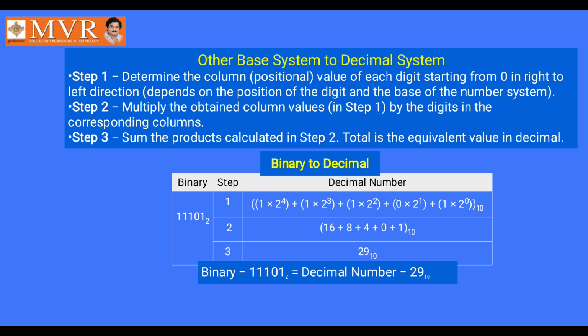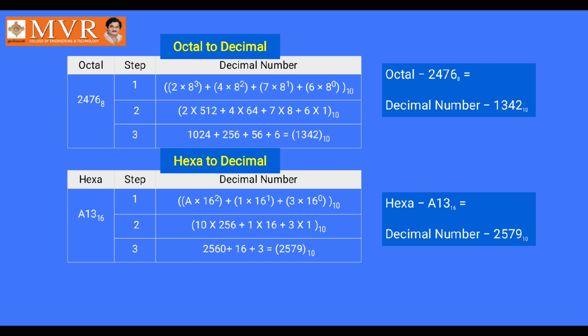Now let us see 2 more examples, octal to decimal and hexa to decimal. Here you take the octal number 2476. I told you, you have to take the positions. 6 is in the 0th position, 7 is in the 1st position, 4 is in the 2nd position, 2 is in the 3rd position. First you have to identify the position values. Now 2 is in position 3, so 2 into its radix; the octal base is 8.